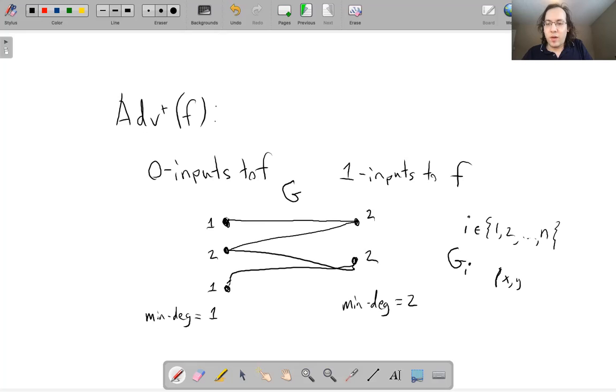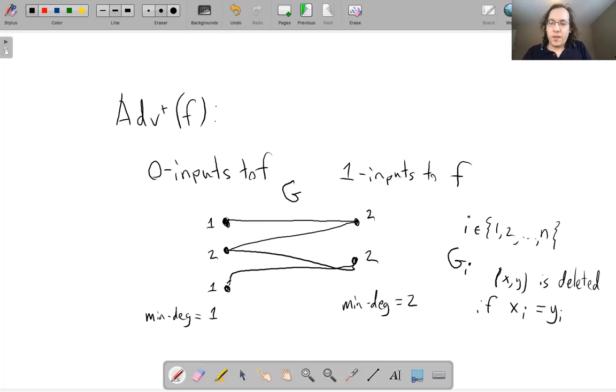Well, it's basically x, y, where x is a 0 input and y is a 1 input. So we will say that x, y is deleted if x_i equals y_i.